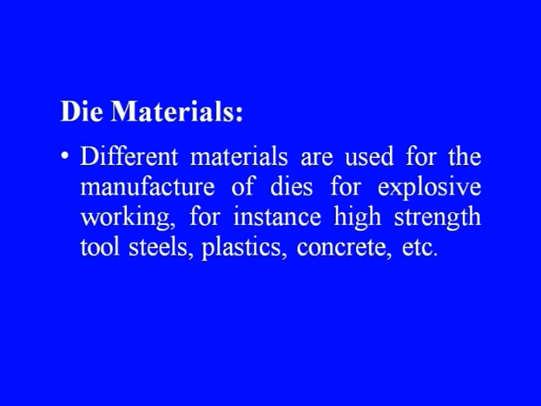Now, let us quickly look at the die materials that are used in these processes. Different materials are used for manufacturing dies for explosive forming processes. For instance, high strength tool steels are used, plastics are also used, concretes are also used, even wood. A low strength material like wood can also be effectively used as a die material for HERF processes.